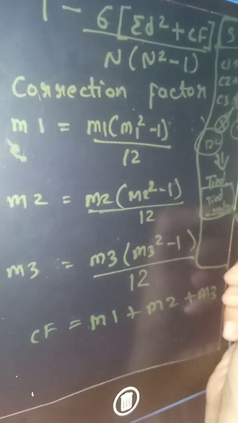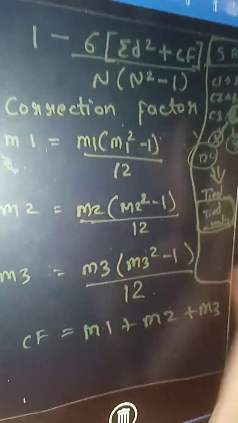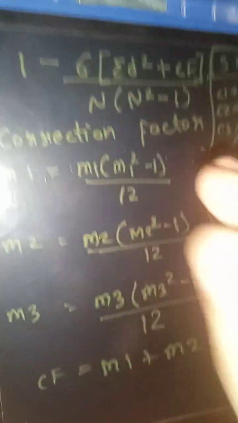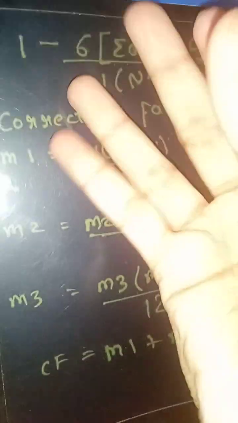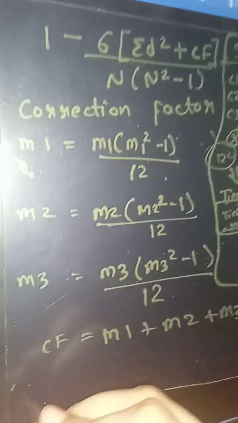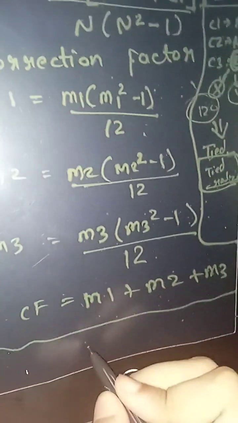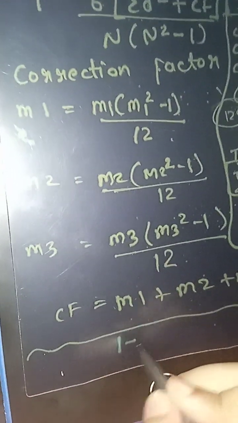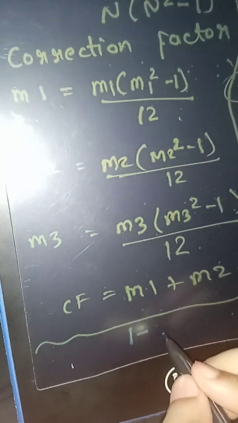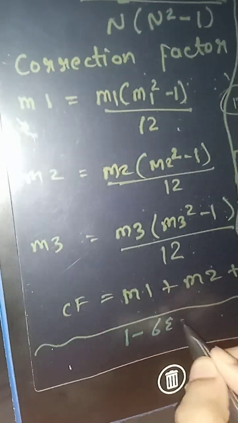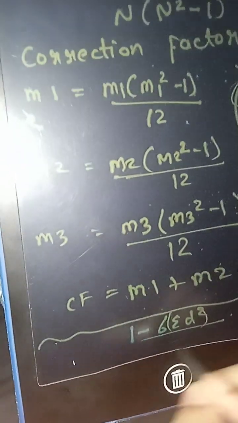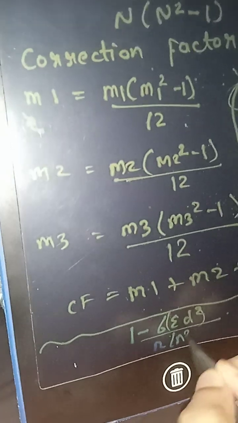Now for this case only the formula changes, and it changes so easily that you will remember it just by seeing this video. In the previous methods, the formula we used was 1 minus 6 sigma d square upon n square minus 1.